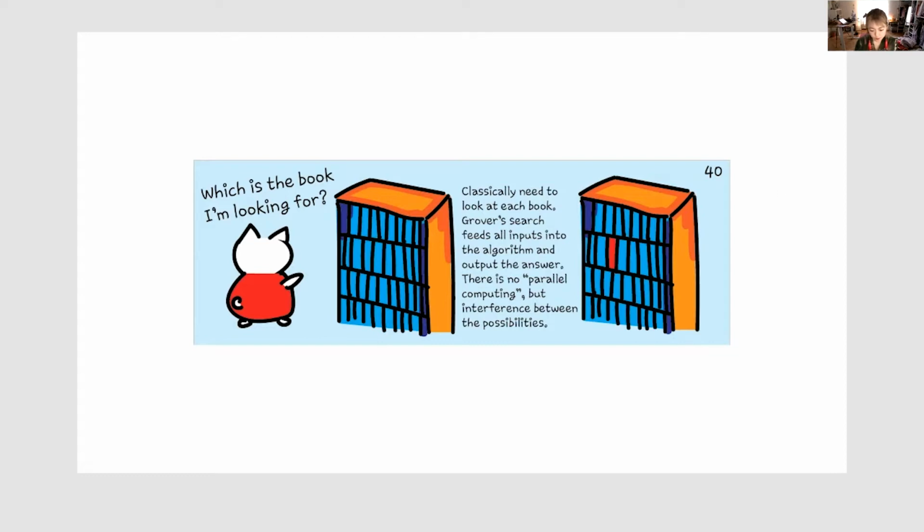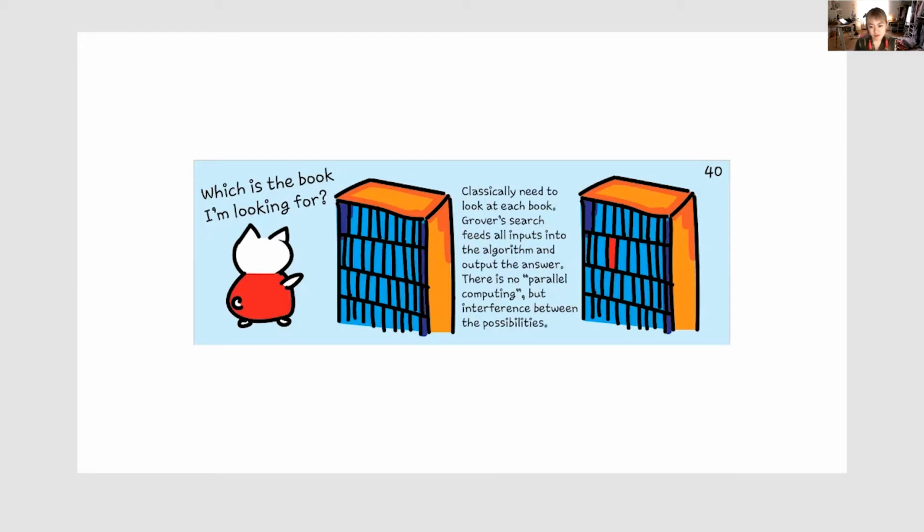For example, if you are looking for a book in a huge library with so many books, you know which book you're looking for, but you have to find where it is by the right title. Classically, if you're lucky, the first book you look at is the one you're looking for. But if you're unlucky, you have to go through every single book, and given it is unsorted and unlabeled, this library is very chaotic, the last book is the one you're looking for.